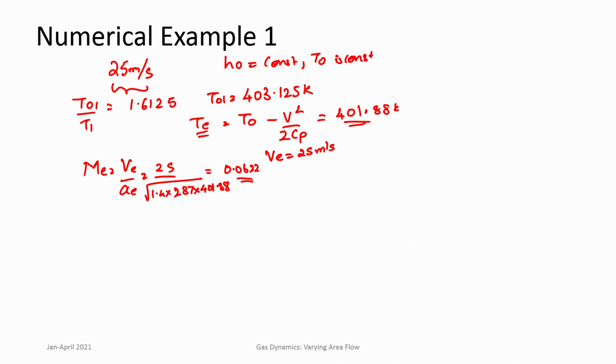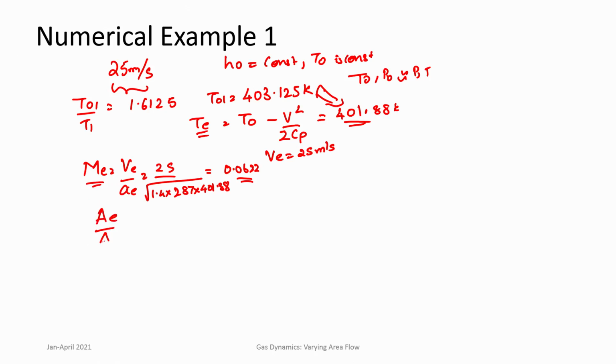At such small Mach numbers, you can also assume that T naught and P naught is approximately equal to T and P. It is not a bad assumption, because you see the difference between them is hardly 2 Kelvin. So that assumption can also be made, or you can continue to pursue with actual numbers. So if M e is known, then A e can be found out.